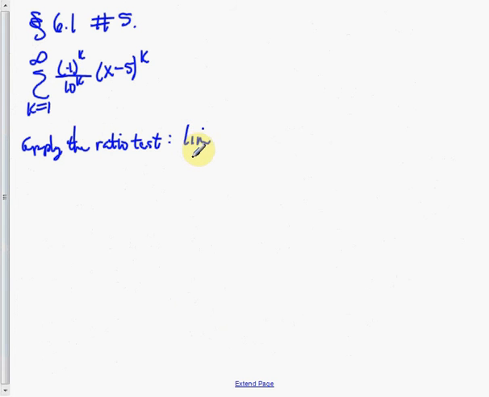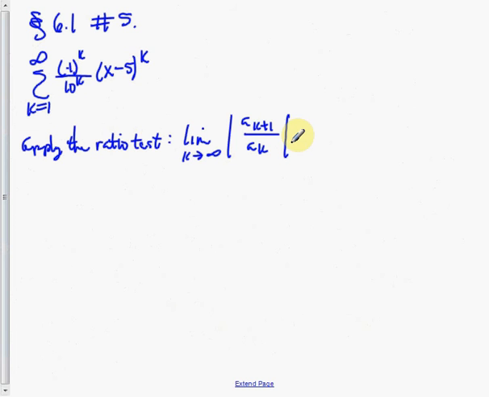It's typically as n goes to infinity, but here we're dealing with k. So it's the limit as k goes to infinity of the absolute value of the a sub k plus 1 term divided by the a sub k term. Typically it's a sub n plus 1 divided by a sub n. And we want to see whether this limit for the ratio test is less than 1 for convergence.